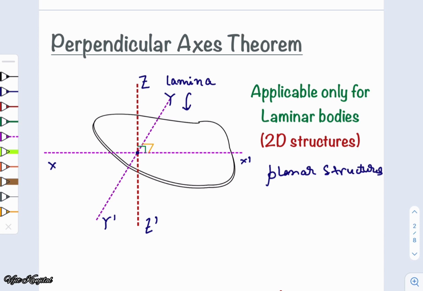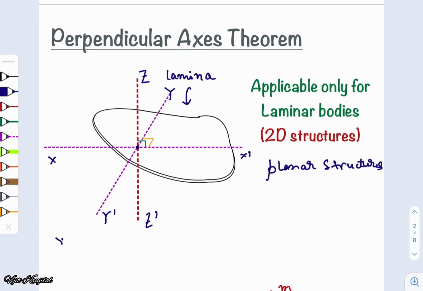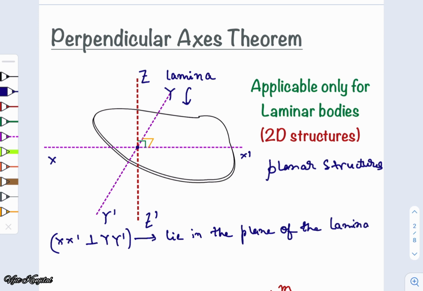So what do we have? We have x dash perpendicular to y dash, but these two axes lie in the plane of the lamina, and there is a third axis z dash which passes through the point of intersection of x dash and y dash, and z dash is perpendicular to the plane of the lamina.